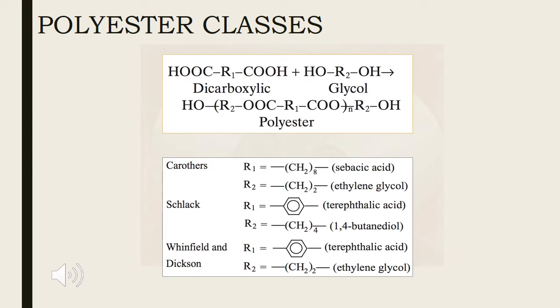Different researchers in different time periods produced polyesters with various chemical constituents. The relationship between the work of Carruthers, Shellock, Winfield and Dixon is shown in diagrammatic representation.